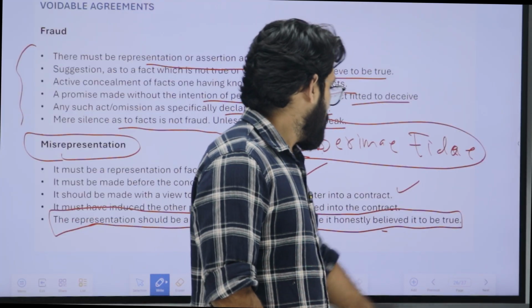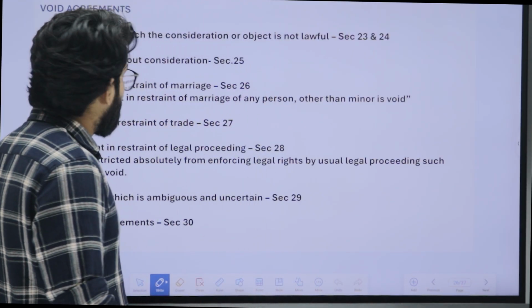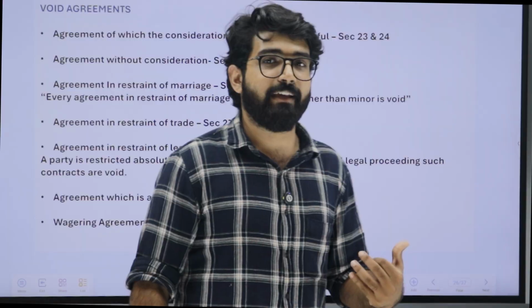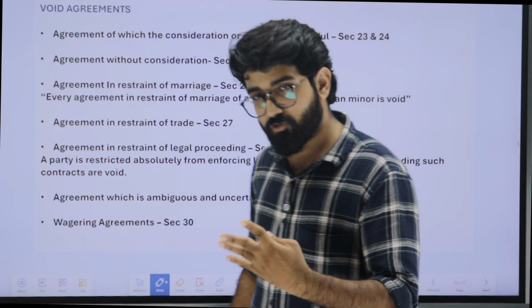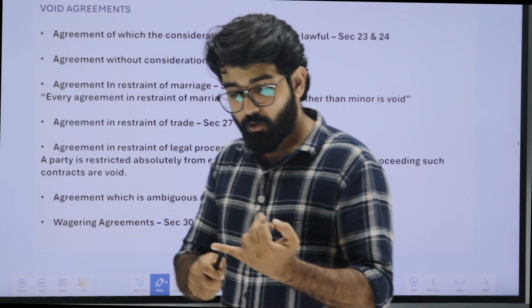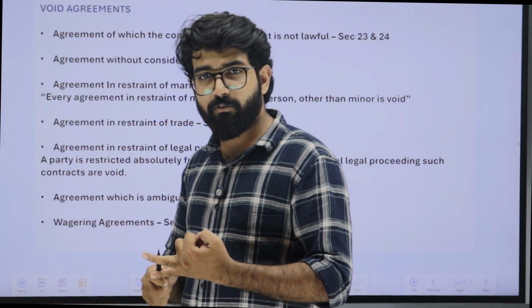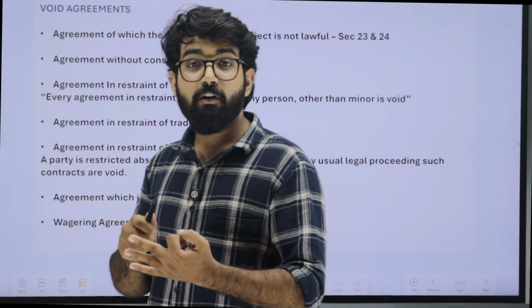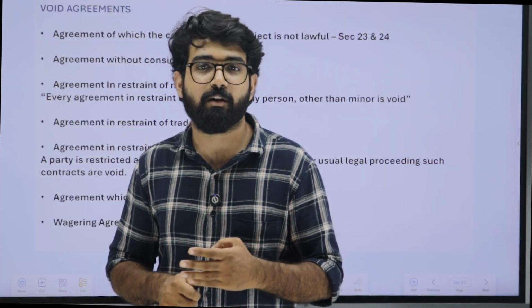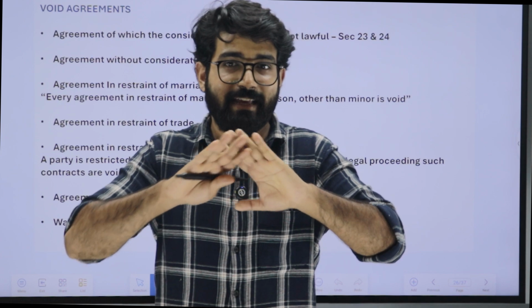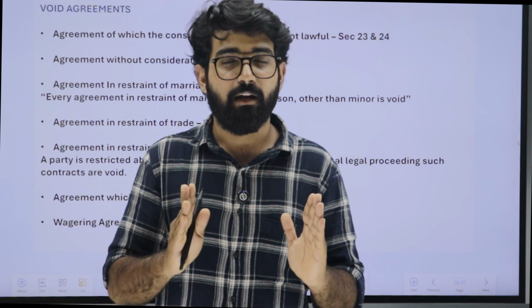So now we will be looking at void agreements. Now we know what voidable agreements are. Remember these 4 situations: coercion, undue influence, fraud, misrepresentation. Under these 4 circumstances, a contract is voidable.